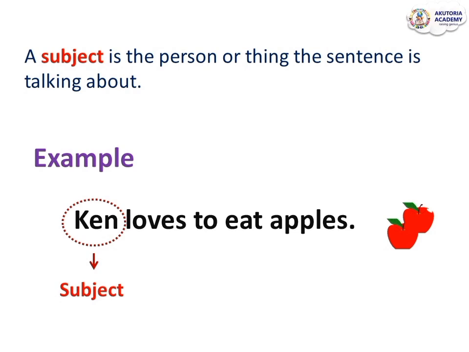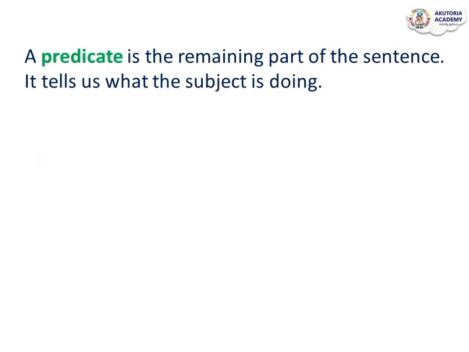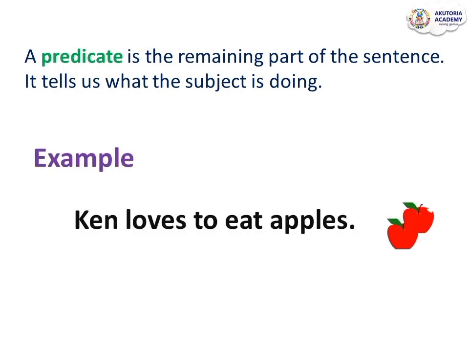Now what's a predicate? A predicate is the remaining part of the sentence. It tells us what the subject is doing. Back to our example, we found out that Ken is our subject.